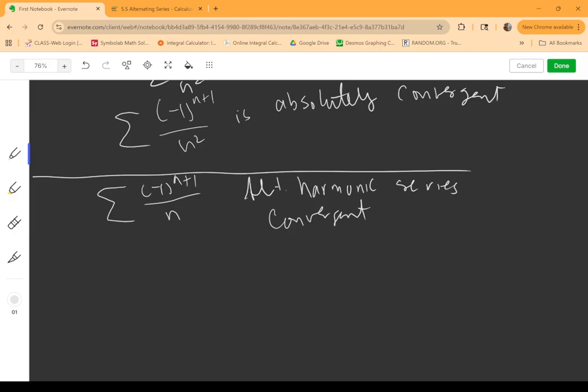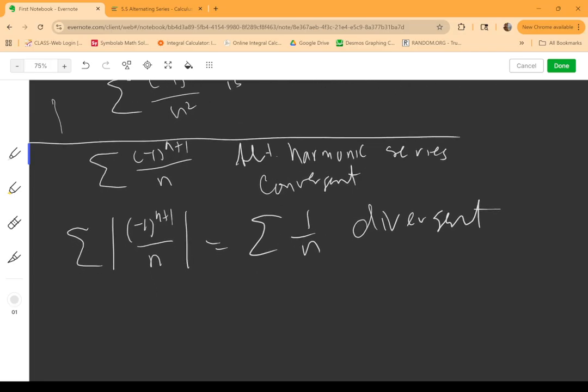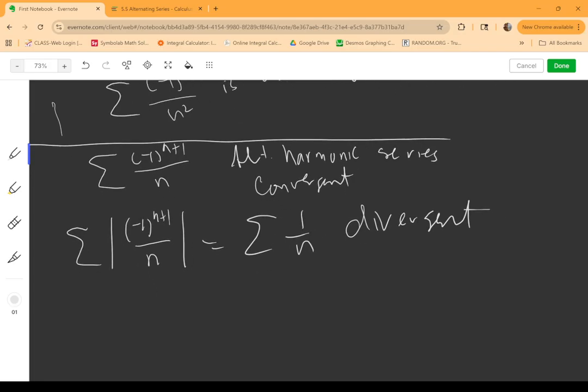But we also know, from previous videos, that the absolute value of this, which just eliminates the alternating part, is the harmonic series, and we know that this one is divergent. So the absolute value is divergent, while the original one without the absolute value is convergent. So this series is conditionally convergent.